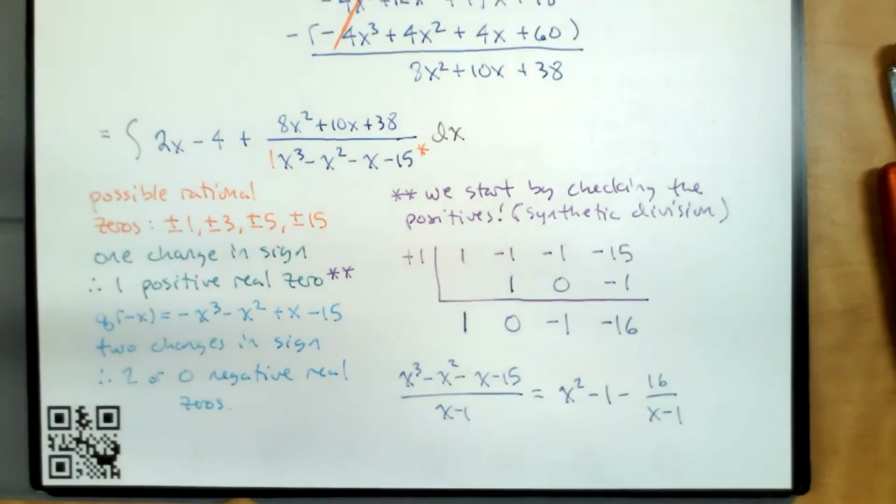This is not what we wanted. I'm looking for a factor of x cubed minus x squared minus x minus 15. When we divide that by x minus 1, we get a remainder that's not 0. So x minus 1 is not a factor of this polynomial.